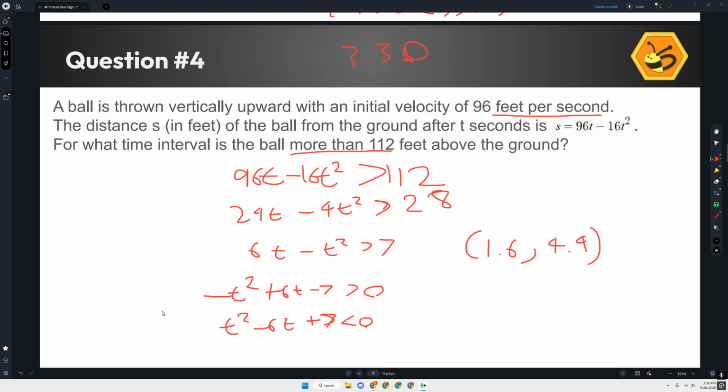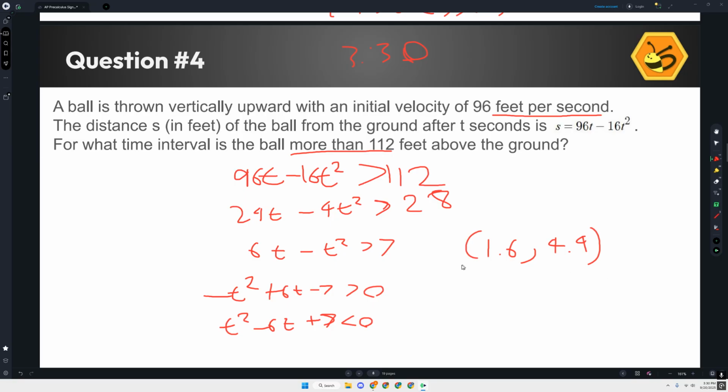Any questions about this? Shouldn't there be a domain if it's less than?